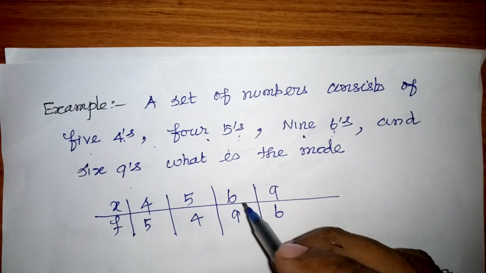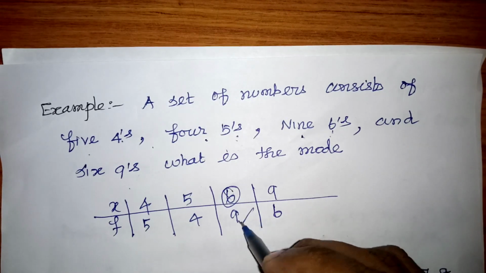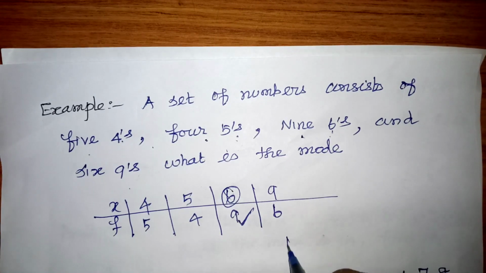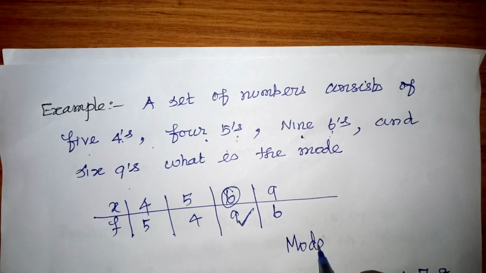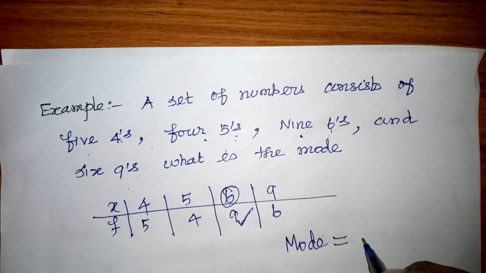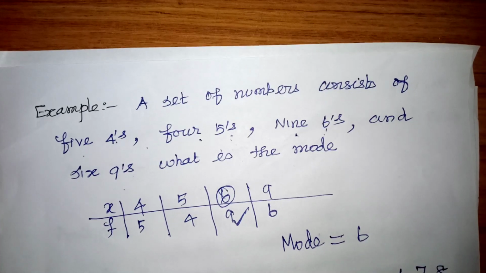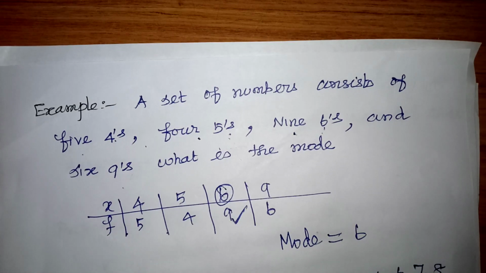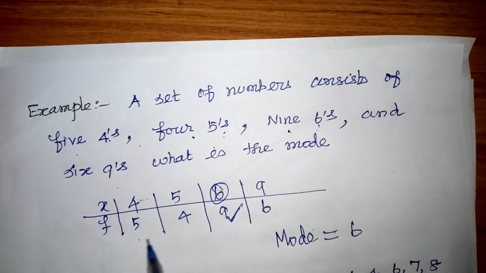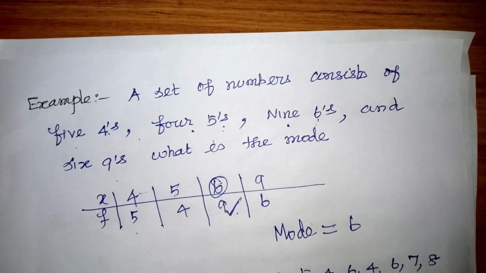Now see that 6 occurs 9 times. Therefore, as per the definition, mode is equal to 6, which is the number with the highest frequency.